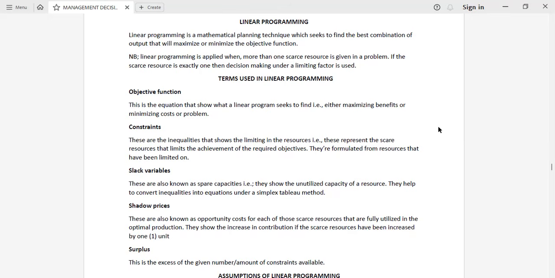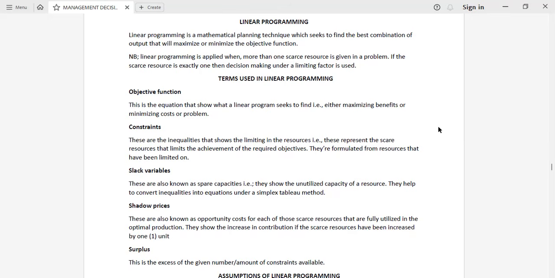This is a bit tricky, because we need to know how to calculate it, since we need to know the increment if the production capacity has reached its maximum point. Let's say you are given 1,000 machine hours, and you are using all the 1,000 machine hours within the organization.